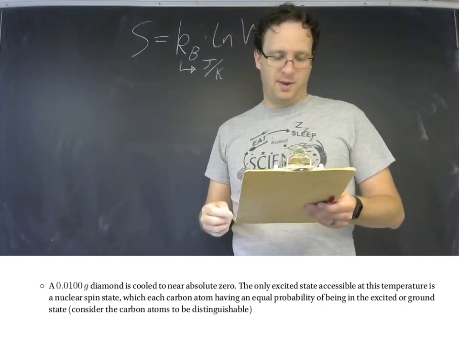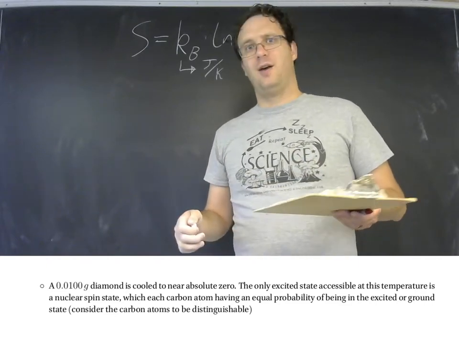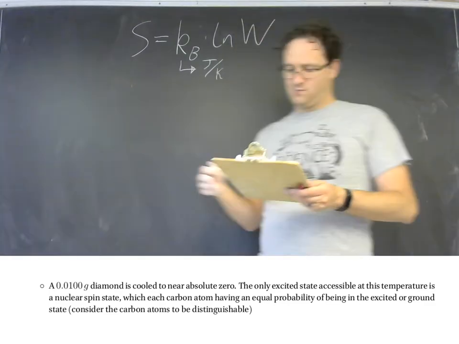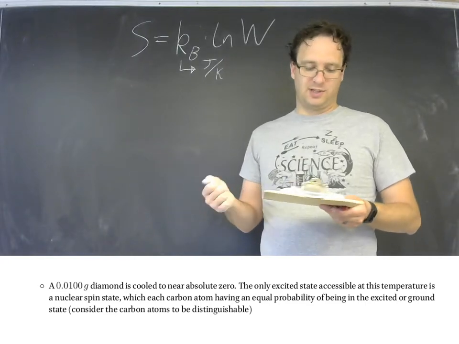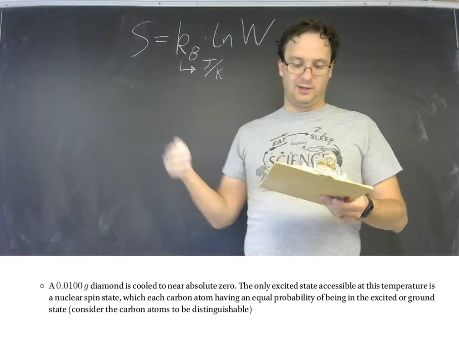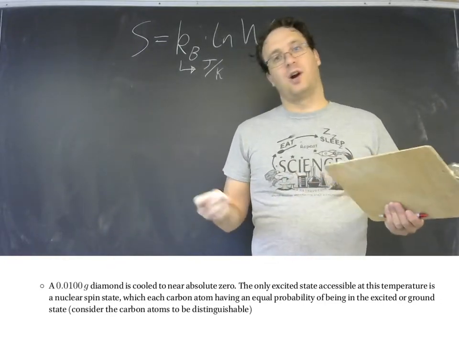But you will learn about them eventually as you move on and learn about NMR spectroscopy and such. But anyway, so the only excited state accessible at this temperature is a nuclear spin state, in which each carbon atom has an equal probability of being in the excited state or the ground state. And we're going to consider these carbon atoms to be distinguishable.